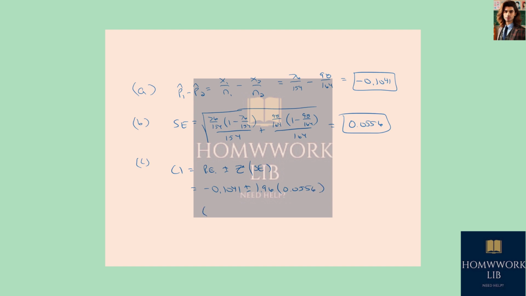So the lower boundary would be found by subtracting: negative 0.2131. And our upper boundary found by adding: 0.0049.